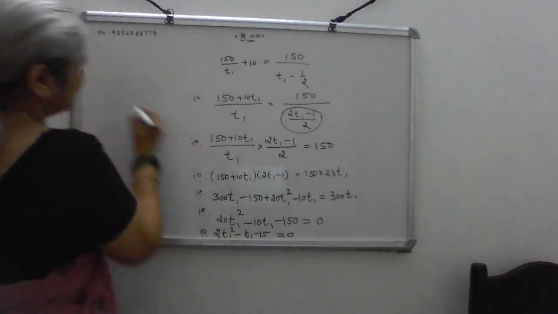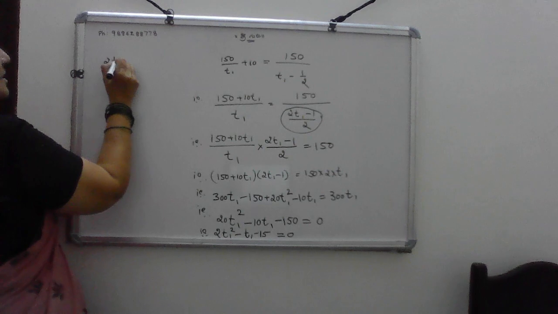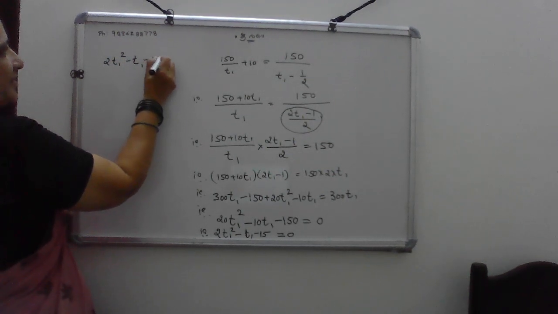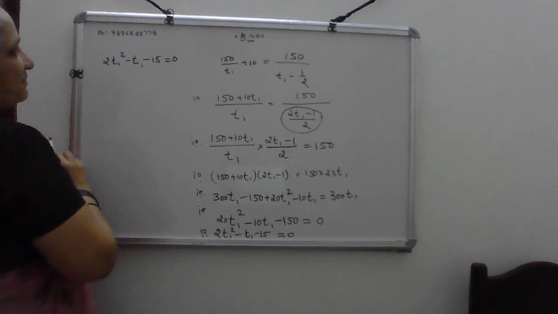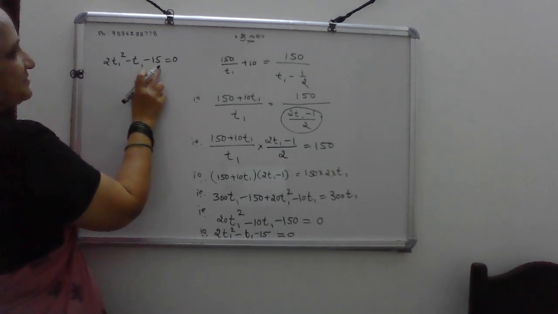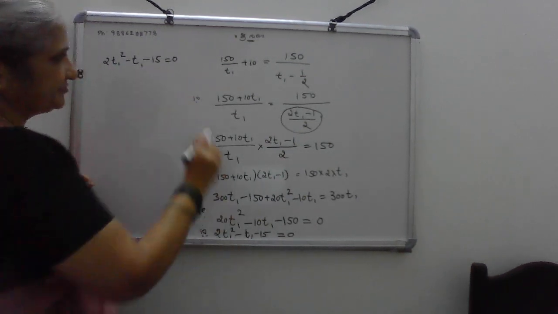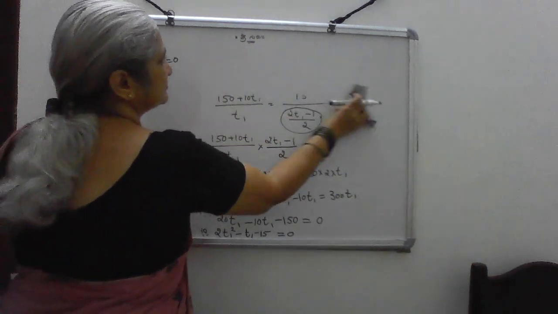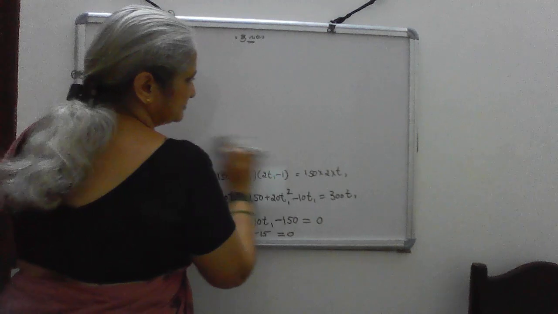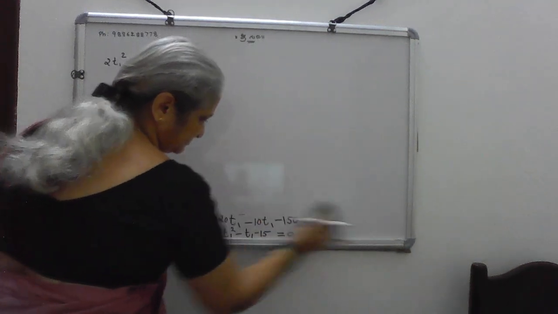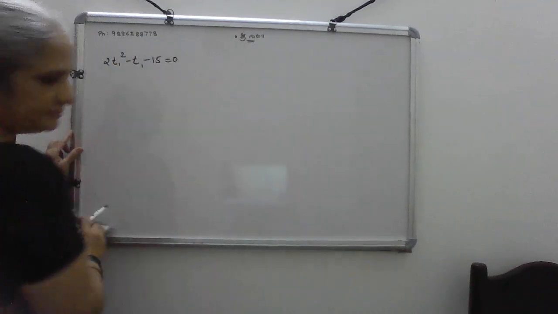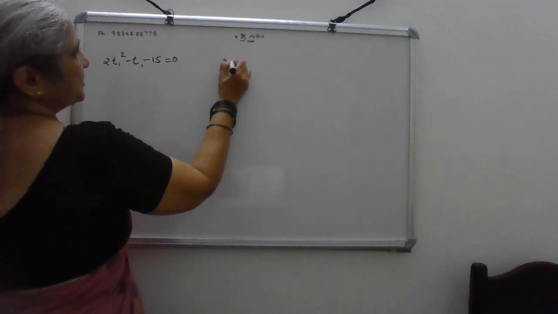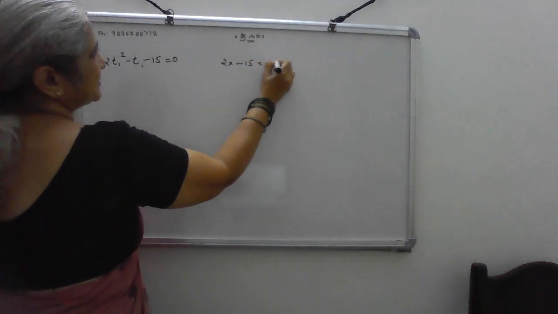We observe that 2T1 square minus T1 minus 15 is equal to 0. 2 into minus 15 is minus 30.